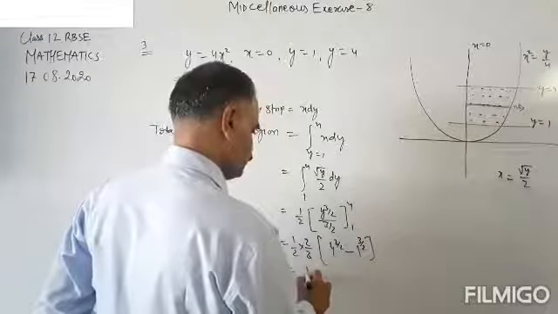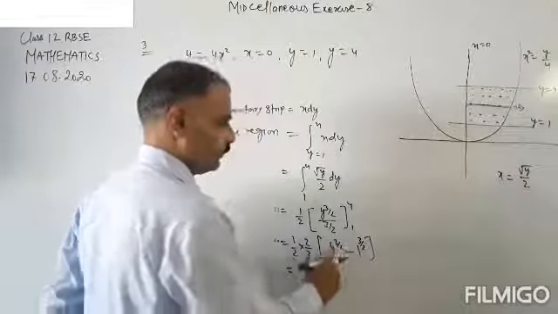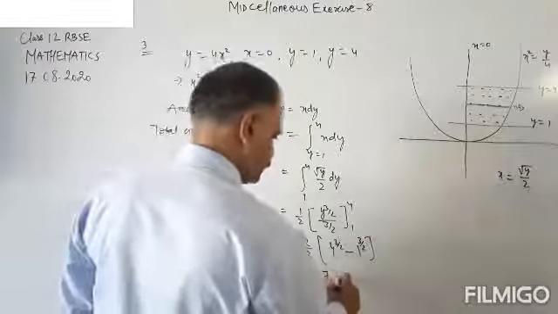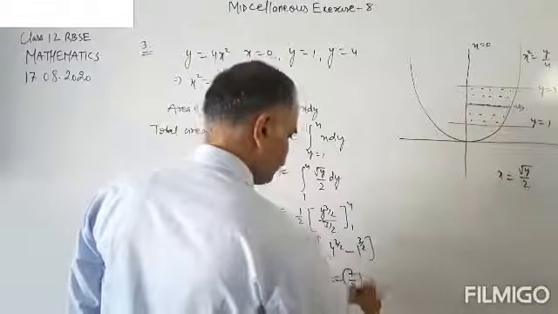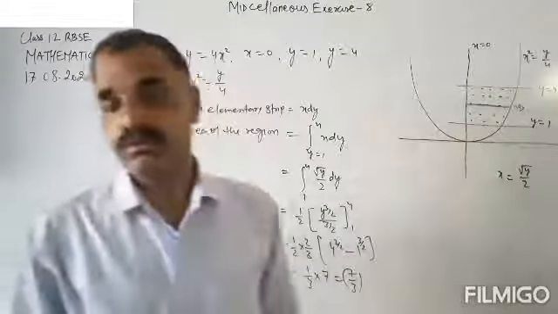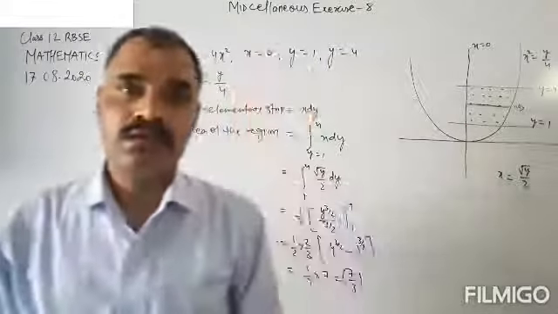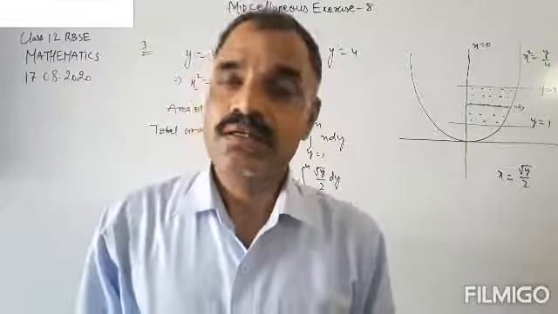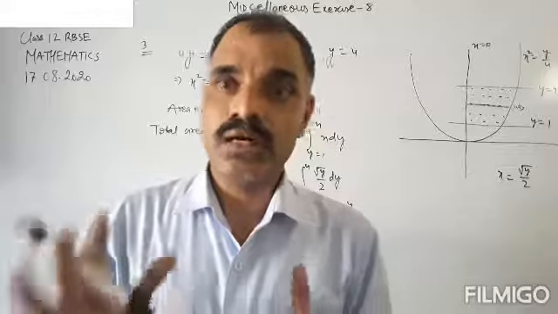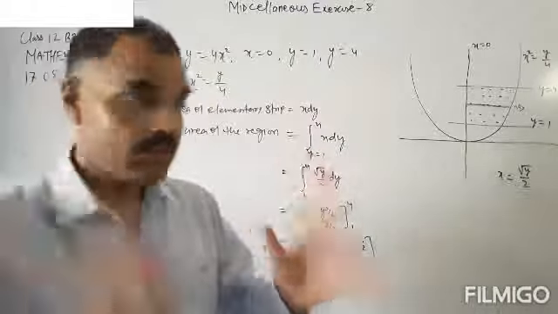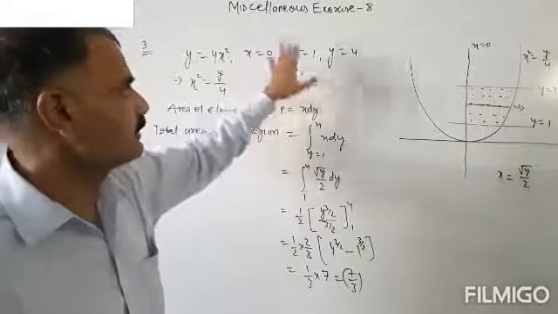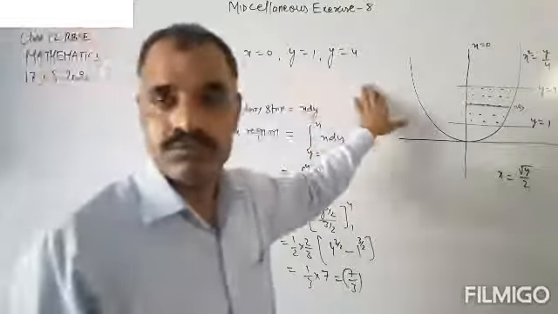This equals 1 by 3 into 8 minus 1, that is 7, so 7 by 3 is the required area of the region bounded by this parabola, the y axis, y equals 1 and y equals 4.